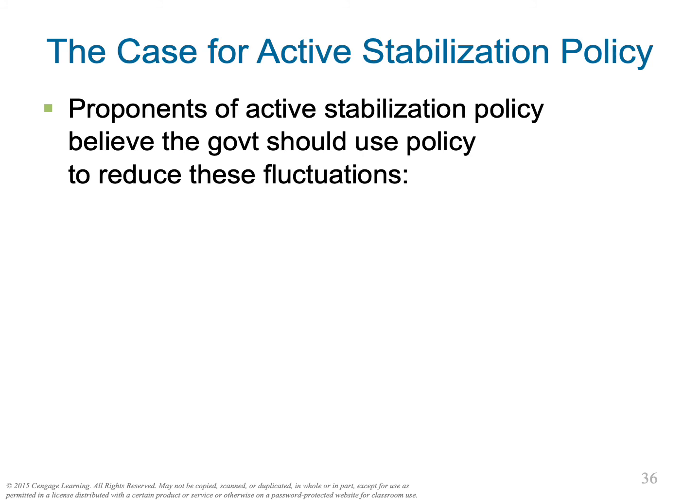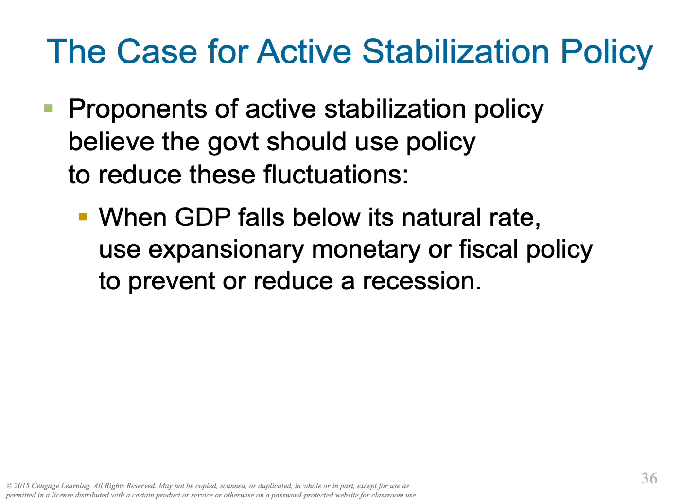And so proponents of active stabilization believe that the government should use policy to reduce these fluctuations, make them less severe. So that, for example, when GDP falls below its natural rate, the government should use either expansionary monetary policy or expansionary fiscal policy or both to try to prevent or at least reduce the severity of the recession.